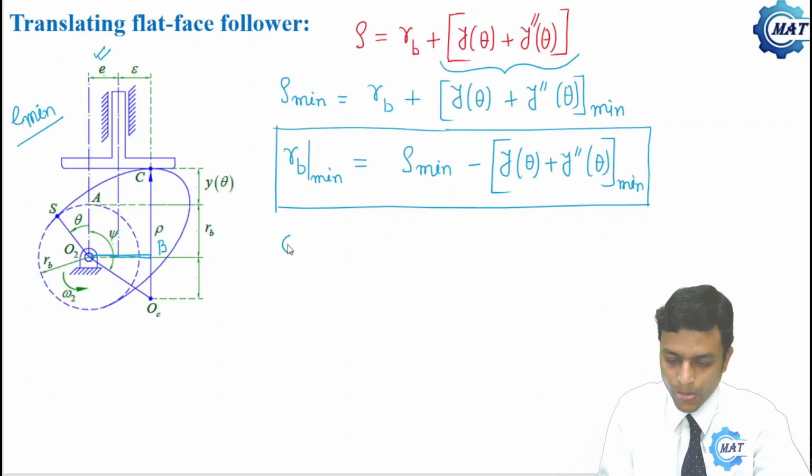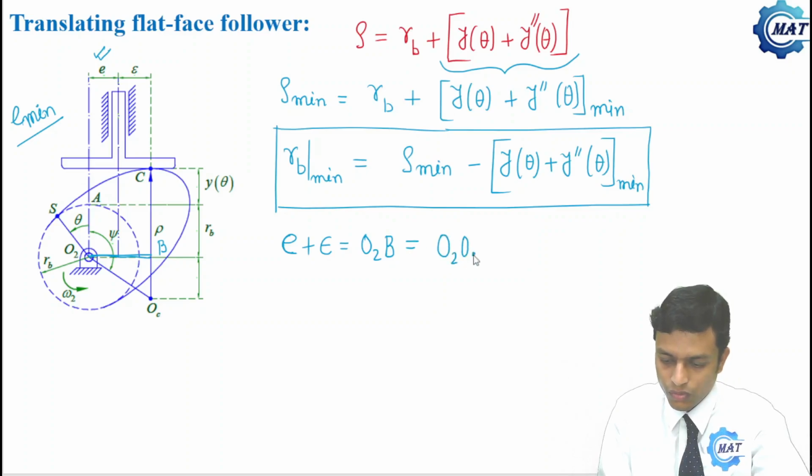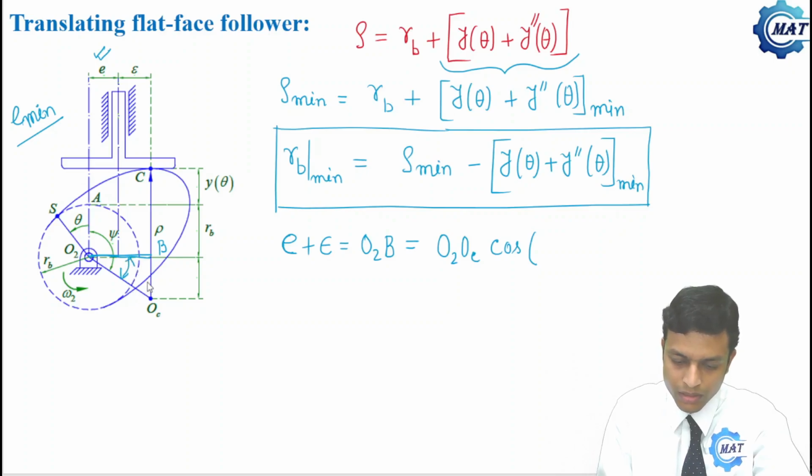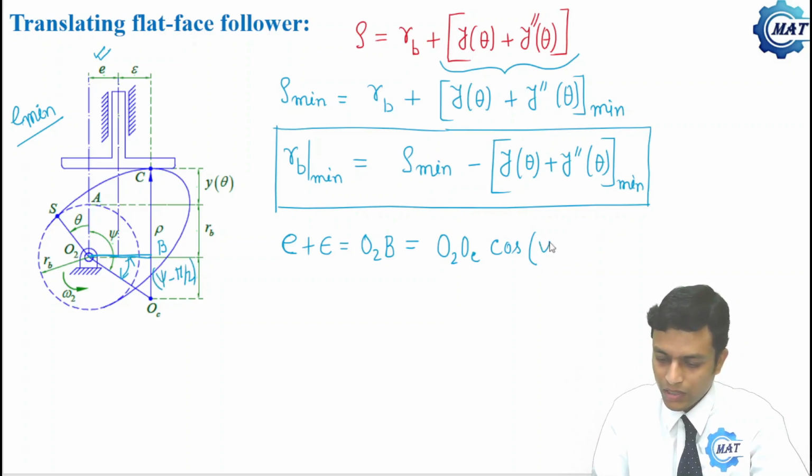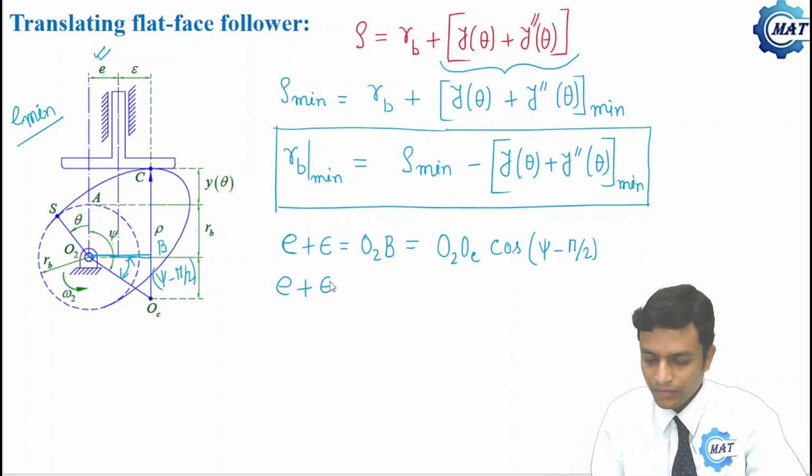So E plus epsilon is equal to O2B, which is nothing but O2 OC cos of this angle, psi minus pi by 2. This angle was psi minus pi by 2.